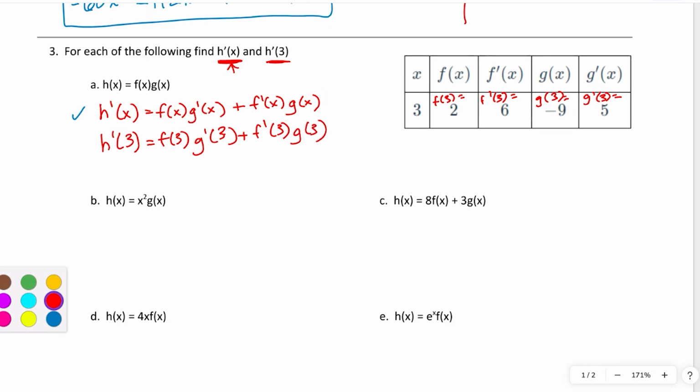And all those values we're going to find in the table. f of 3 is 2. g prime of 3 is 5. f prime of 3 is 6. And g of 3 is negative 9. So we've got 10 minus 54. It's going to be negative 44. So the derivative of h at 3 is negative 44.